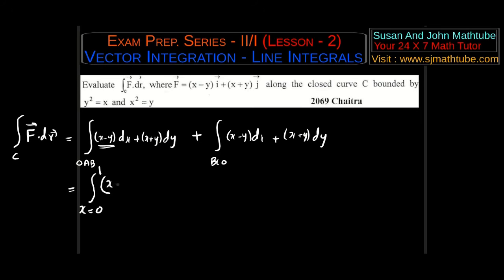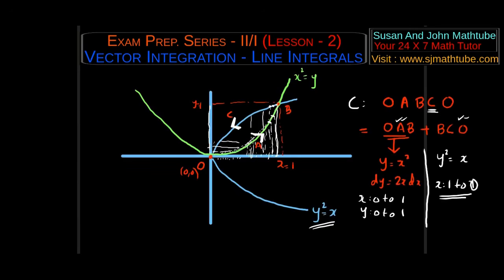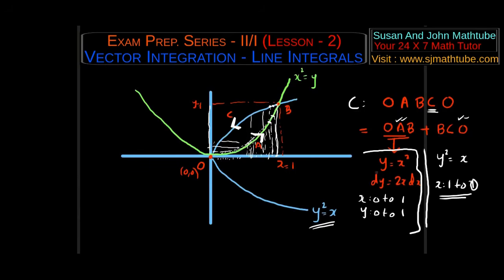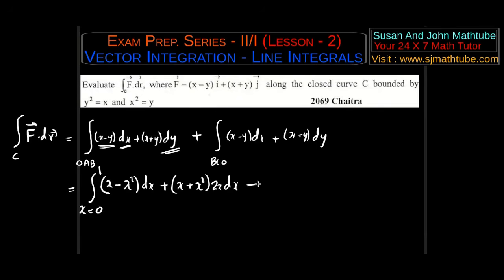So x minus, look at this, I already wrote all the details over here. So y is x square and there is dx here, plus x square, and what is dy? dy is 2x dx.